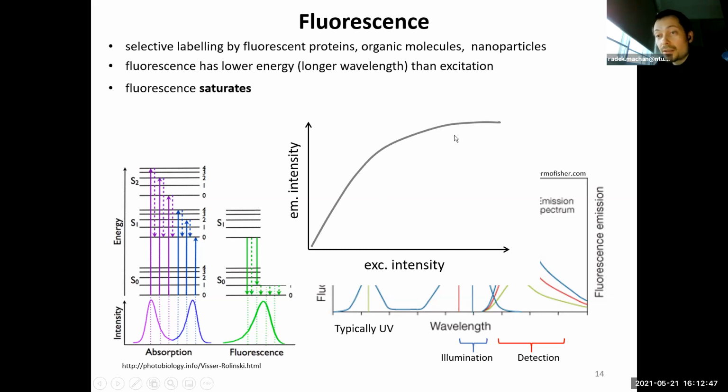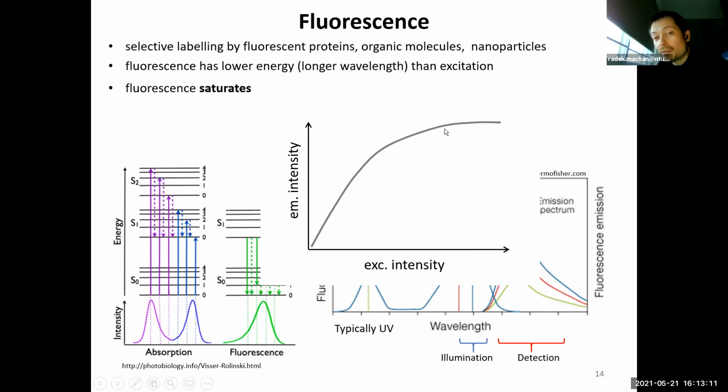So that means that when you are setting up your experiment, it's better to start with lower excitation intensities, lower laser powers, and then increase that slowly and see if I have a corresponding increase in signal.